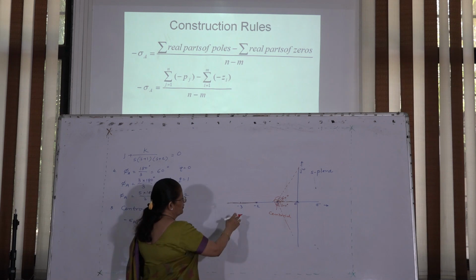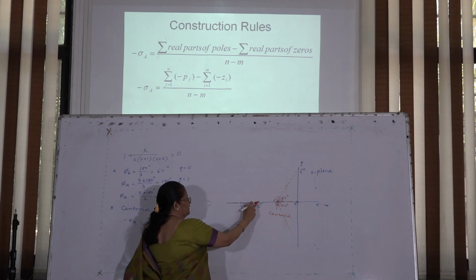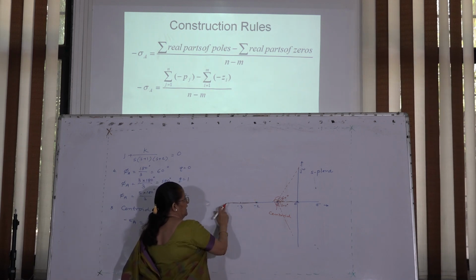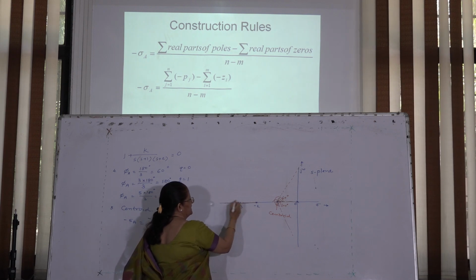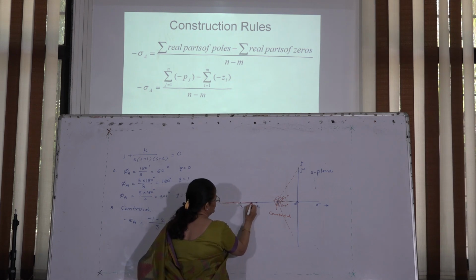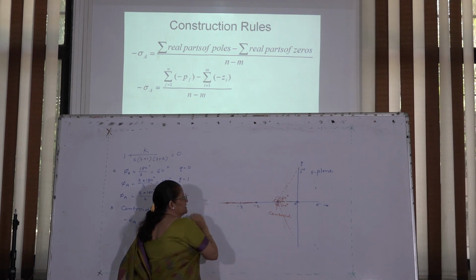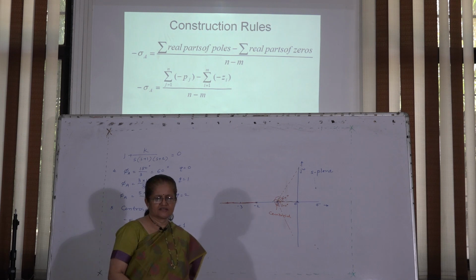Now, one branch we can directly draw: it will originate from minus 2 and go towards infinity. So, the root locus branch we can represent like this.